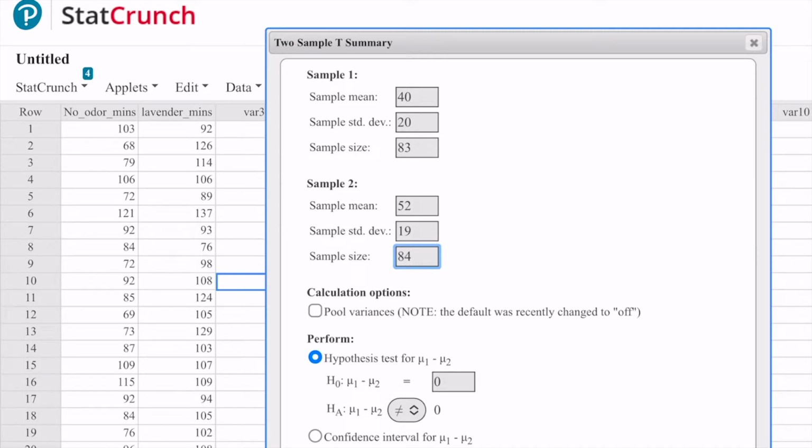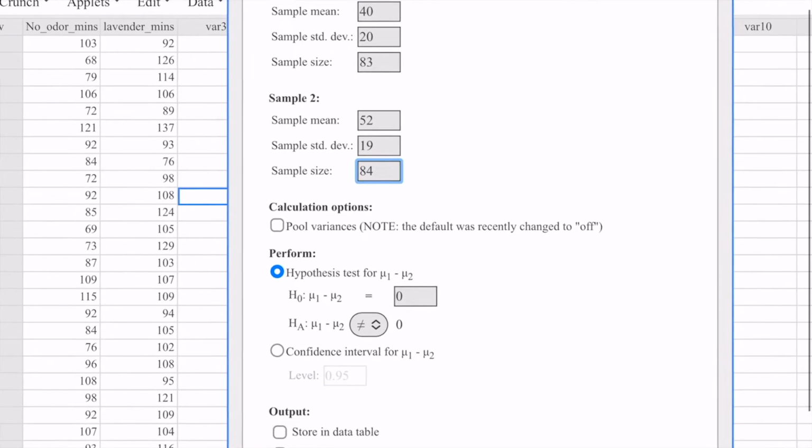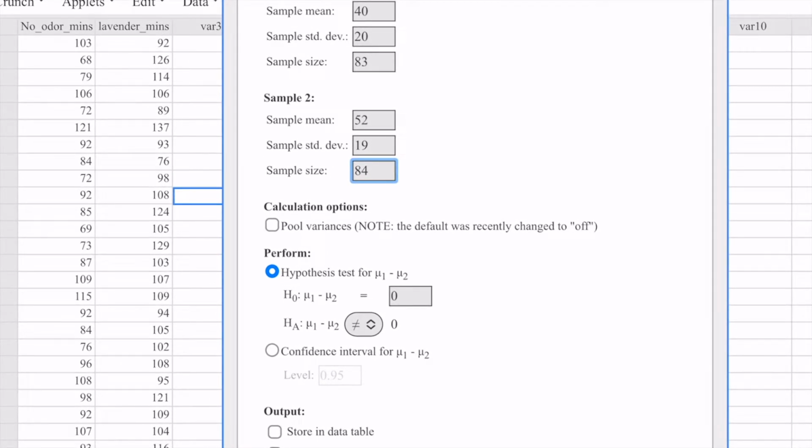All right, calculation options. When it comes to doing 2-sample T statistics, there's this option of pooling your variances. The short of it is that if we were sampling from a situation where our population variances were equal, then we would have to do what's called pooling our statistic.